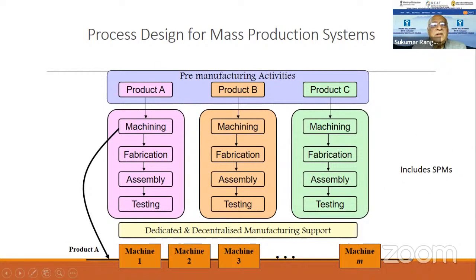It could be lathe, drilling, all that kind of machinery, but each is made or fitted or programmed for specific jobs. The processes could be machining, fabrication, assembly, testing. This is a typical thing in any manufacturing line, but dedicated to the different products produced in it. So this is mass production, but discrete.